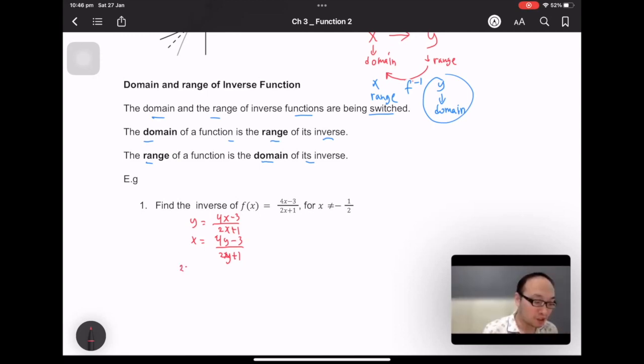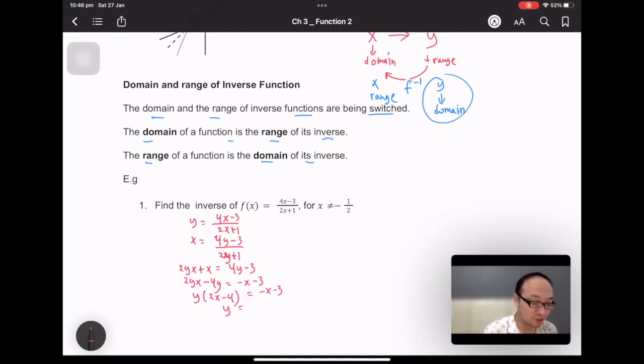So it's 2yx plus x equals 4y minus 3. And then I collect the y. So 2yx minus 4y equals minus x minus 3. So I factorize y. It's y times 2x minus 4 equals negative x minus 3.